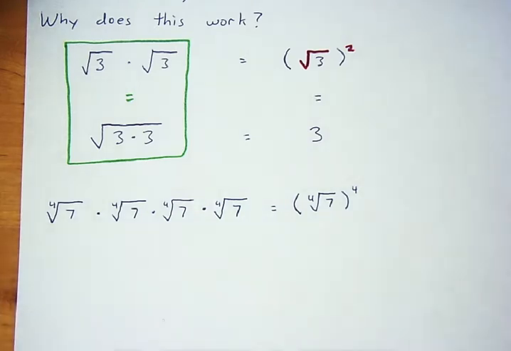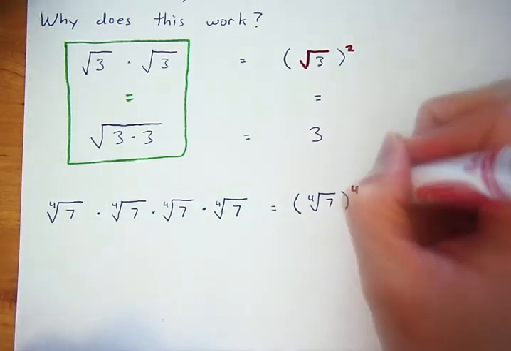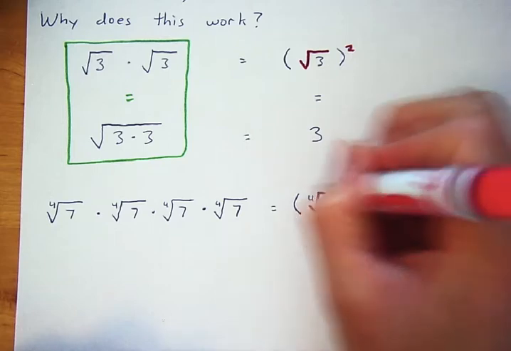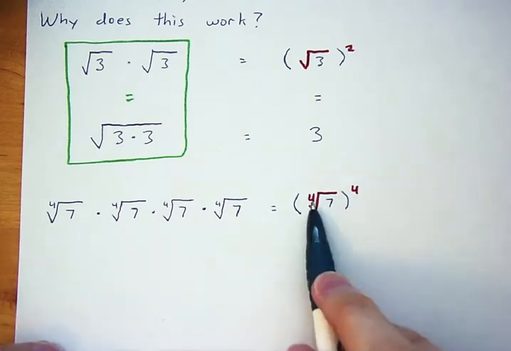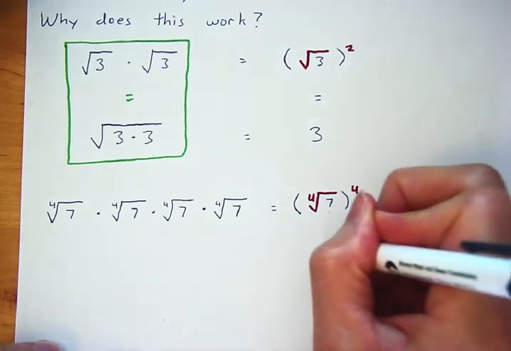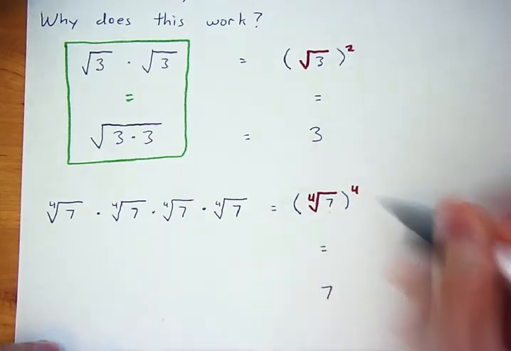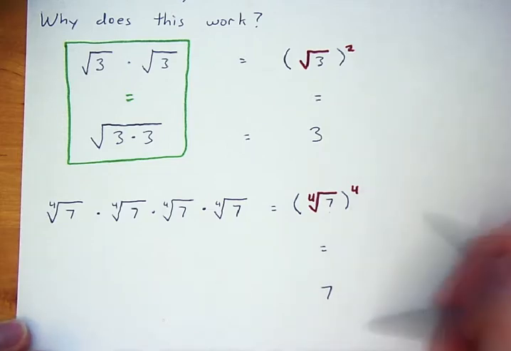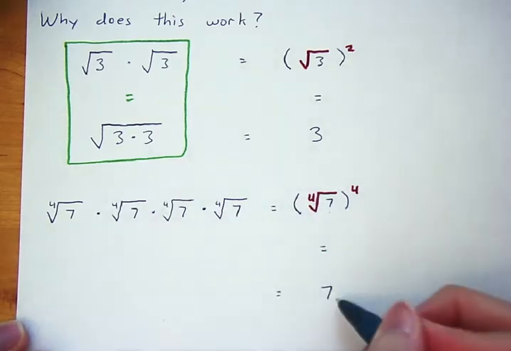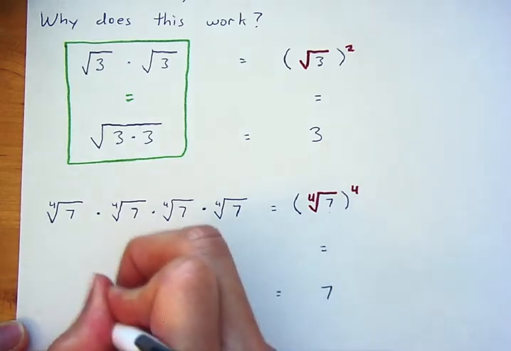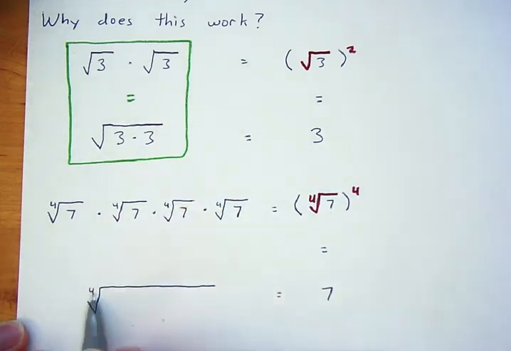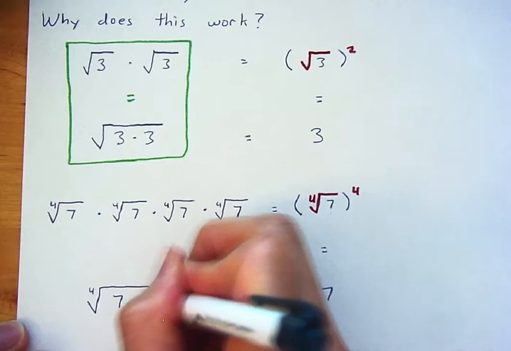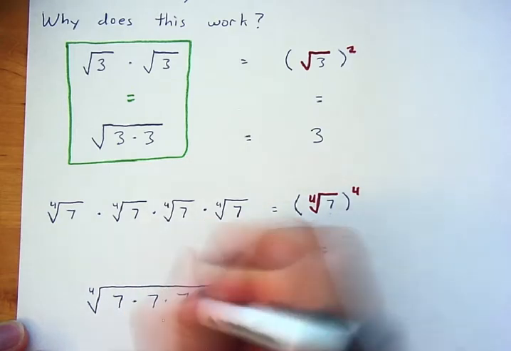Once again, this exponent 4 and the fourth root are inverse operations, opposite operations, so they undo each other or cancel each other out, and all you have left for that is 7. So these two are equal. I also know that this right here is equal to the fourth root of 7 times 7 times 7 times 7, 4 times.